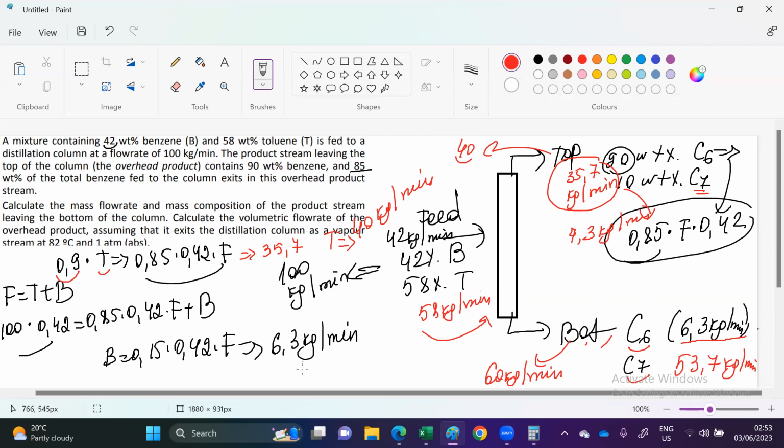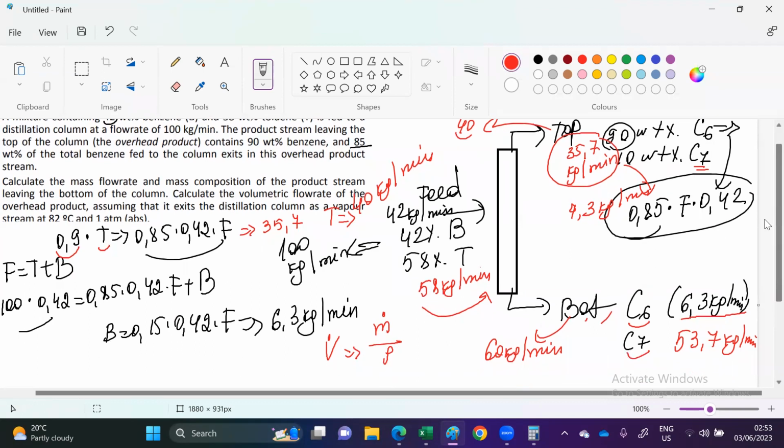If you want to find V dot, it will be equal to M dot over rho. The densities are given as specific gravities. You multiply by each composition and take the sum. Then you divide the mass flow rate by this density of the top product mixture, and you will get the volumetric flow rate, assuming ideal mixing, as we discussed.